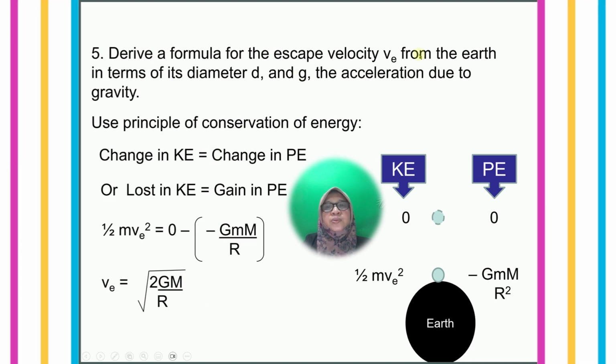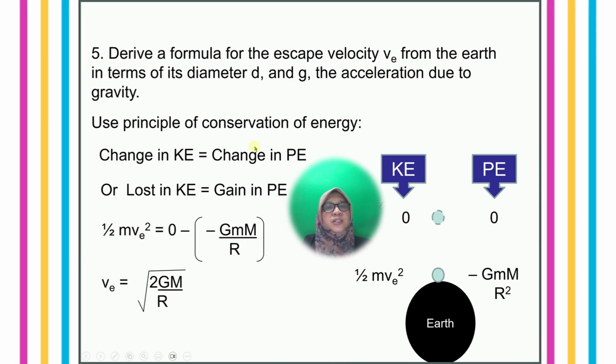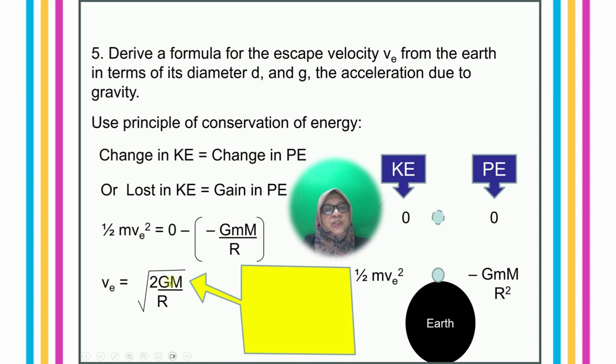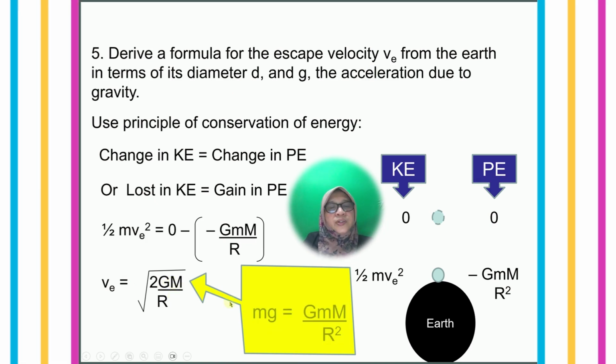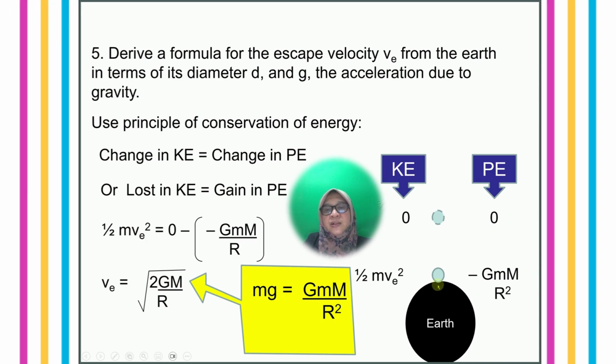But the question wants the answer in terms of d and g. So we need to replace the GM here. We use the surface of the Earth, where the gravitational force, which equals mg, equals GMm over r squared. So this is a special case on the surface.